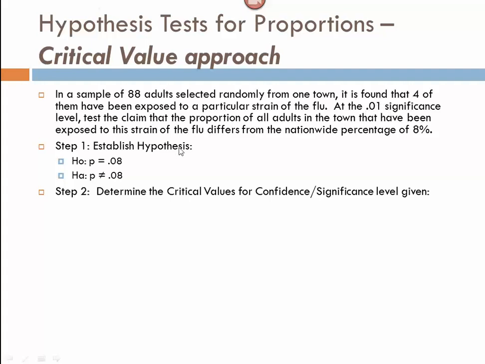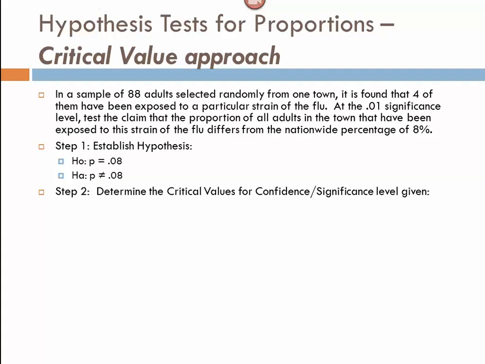If we go to our tables and note that we have a two-tailed test, if we go to our t-table and look at the bottom, since we're doing a proportional measurement, we're going to use z, as we saw in the previous slide. In fact, we're always going to be using the z values with our p's. Those criteria, those small print items, will always be satisfied for the problems we work.